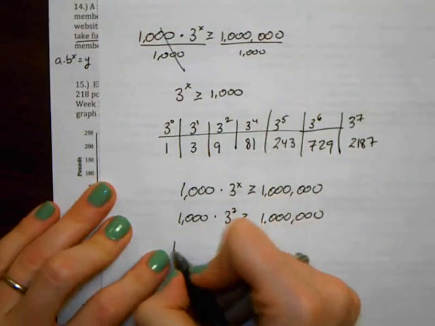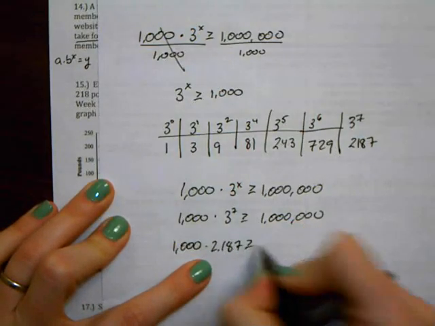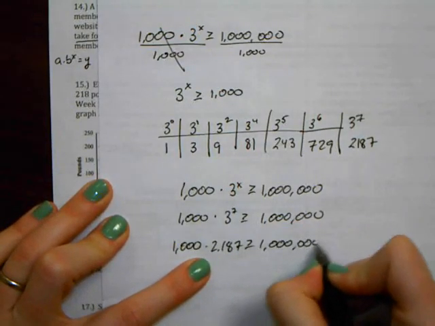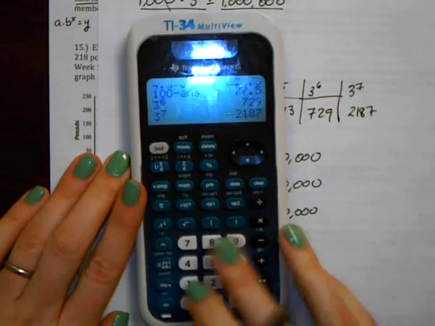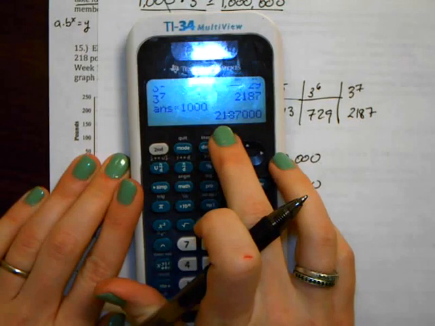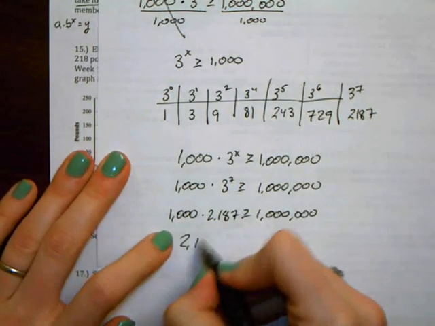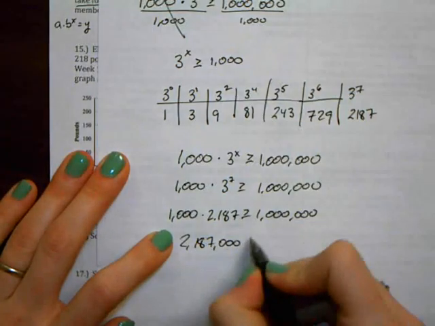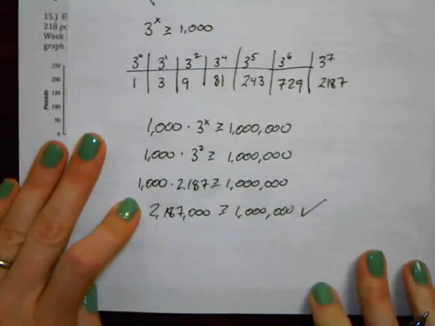We already know that 3 to the 7th is 2,187. And then we do that multiplication. So 2,187 times 1,000 is 2,187,000, which is greater than 1 million.